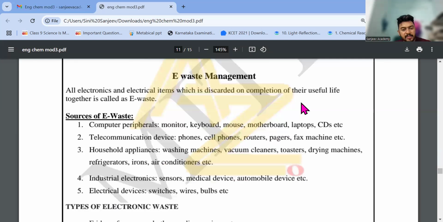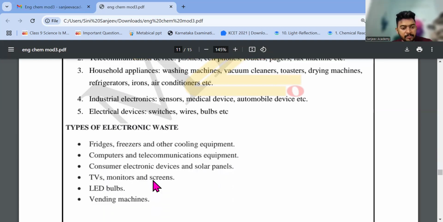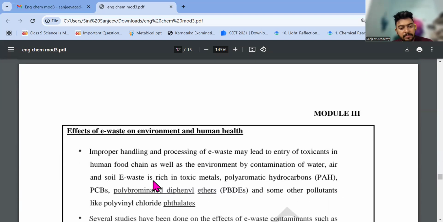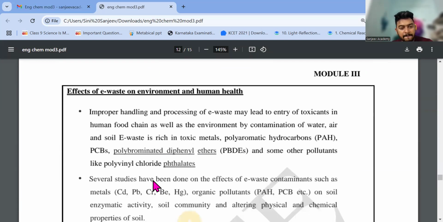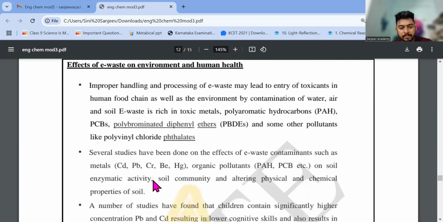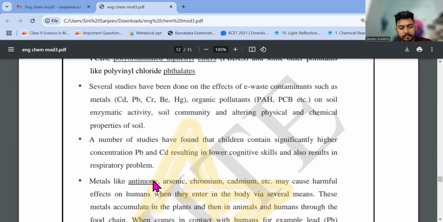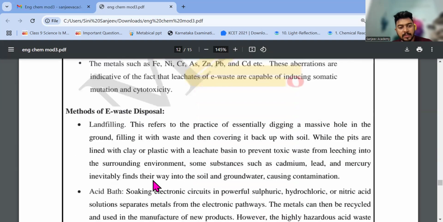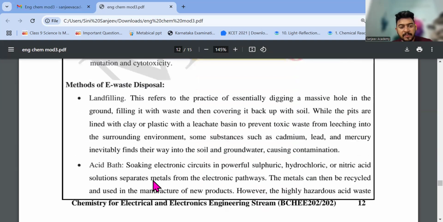E-waste management. It's basically a self-study topic here. We know all the electronic goods are e-waste, correct? Electronic waste. So this is something you should self-read, and if you have doubts, you can ask me. E-waste disposal.